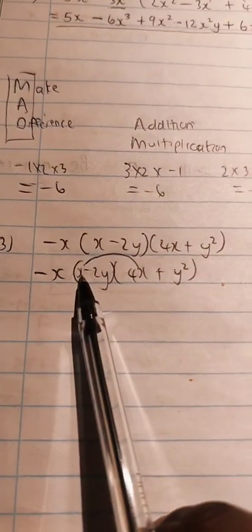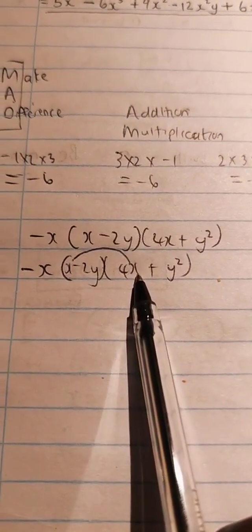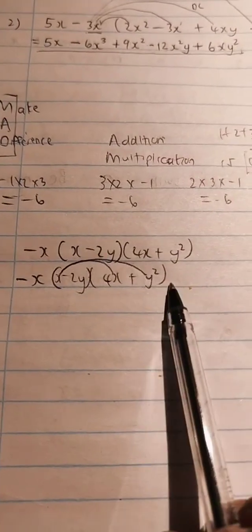We should have learned this in grade 9. We apply a method that we call FOIL. What is FOIL? We multiply or distribute the first term to the first term inside the bracket. Then we take the very first term and distribute it to the second term inside the bracket.